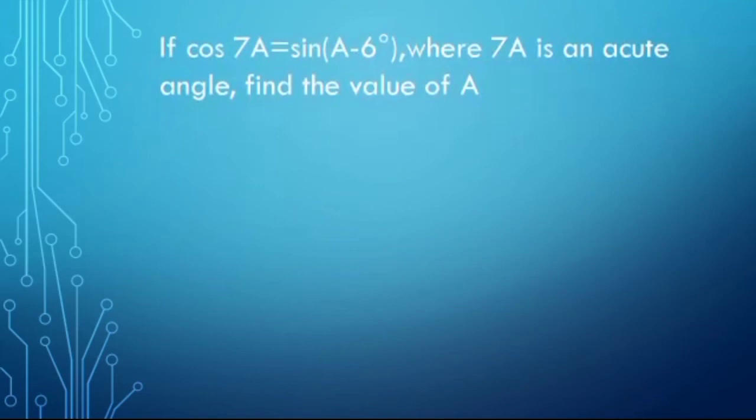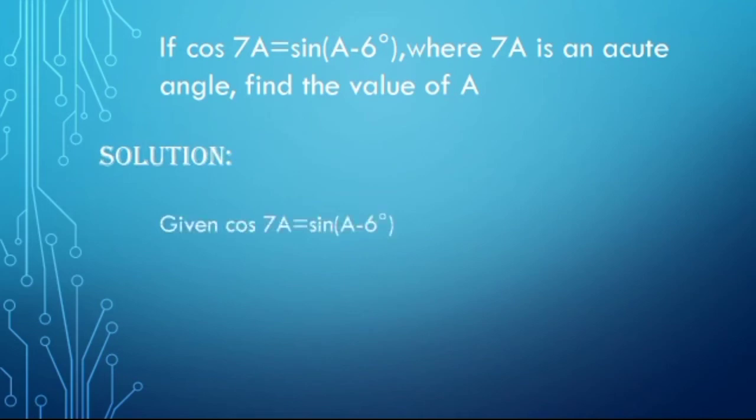If cos 7A is equal to sin(A − 6°), where 7A is an acute angle, find the value of A. Let's do the solution. In this problem, they given cos 7A is equal to sin(A − 6°).